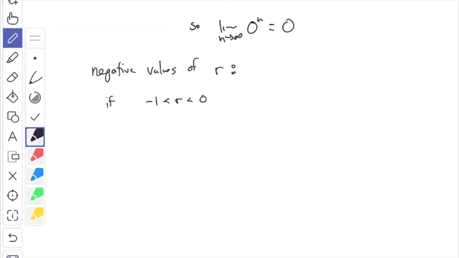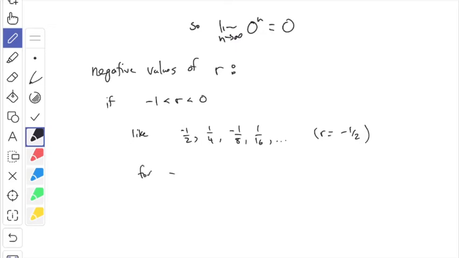The fact that it's negative will cause the signs to alternate, but it's not going to matter. So this is something like -1/2, 1/4, -1/8, 1/16. This is what would happen if r equals -1/2. But you can still see those are going to 0. The signs are alternating, but it doesn't matter because it's becoming 0 anyway.